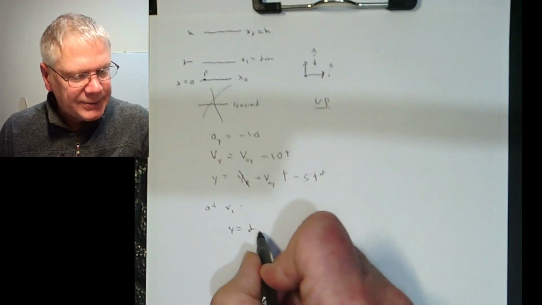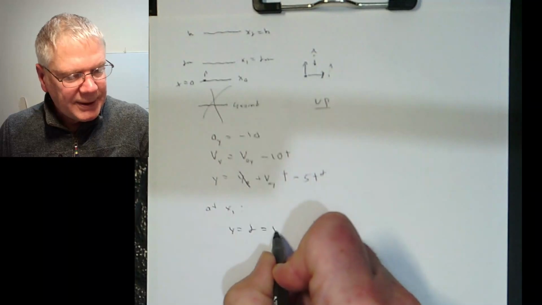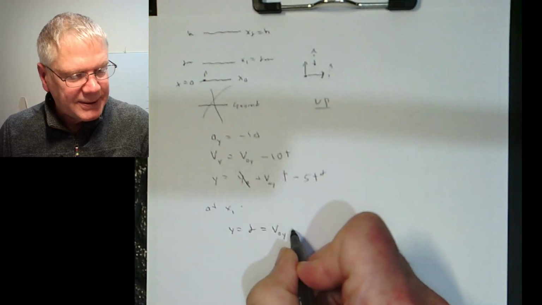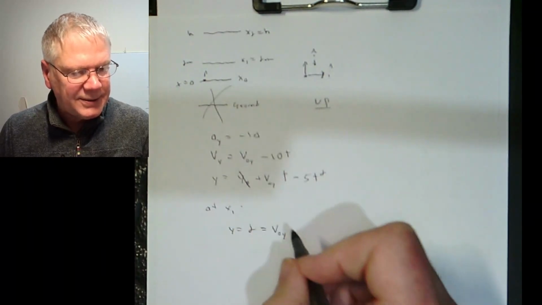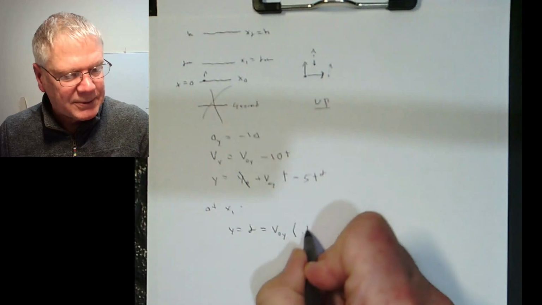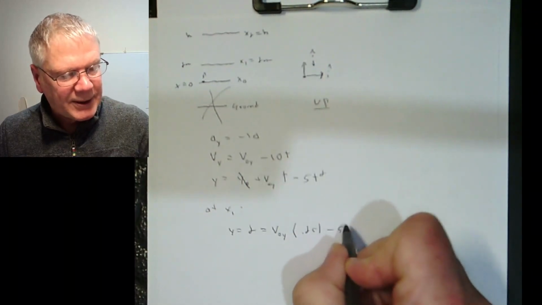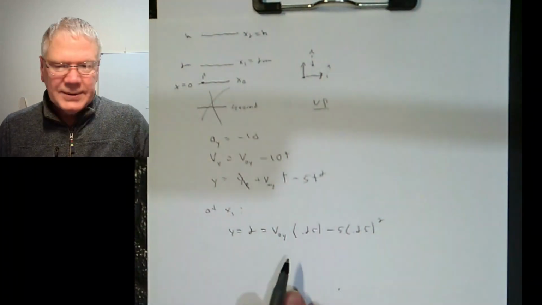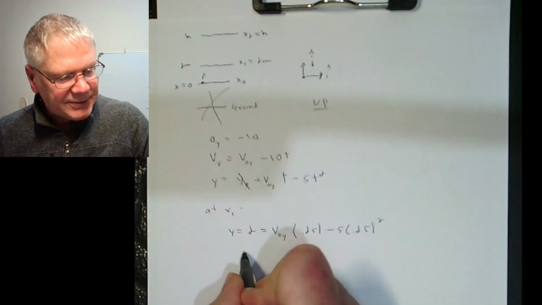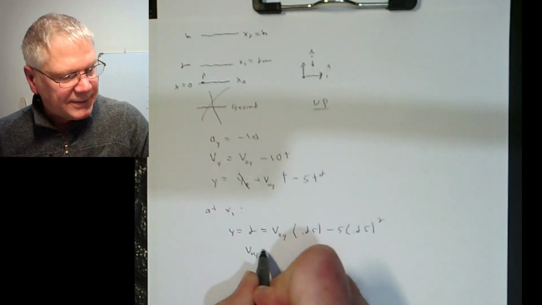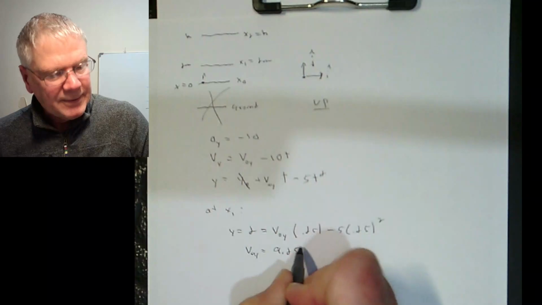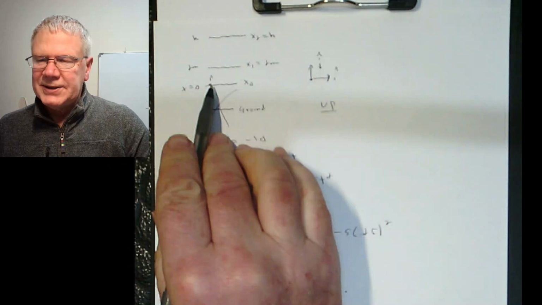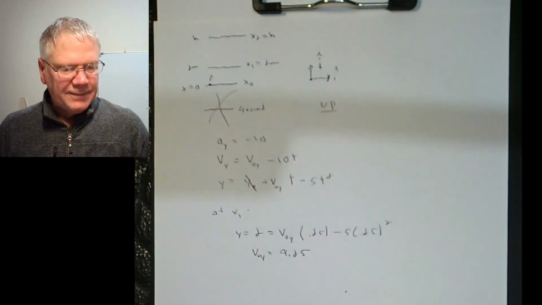And that's equal to the initial y velocity at the bottom of the window times the time to get to the top of the window, which is 0.25, minus 5 times 0.25 squared. So this very immediately gives us the initial y velocity. So we know its initial velocity as it comes up past the bottom of the window.